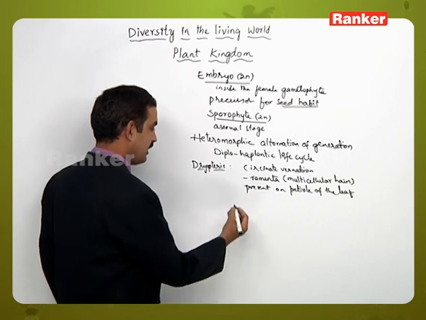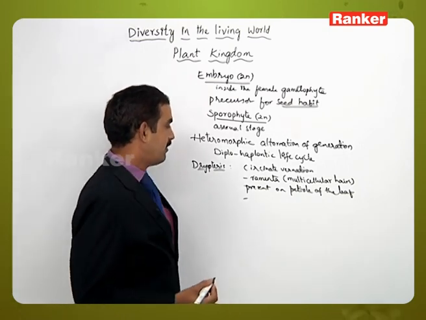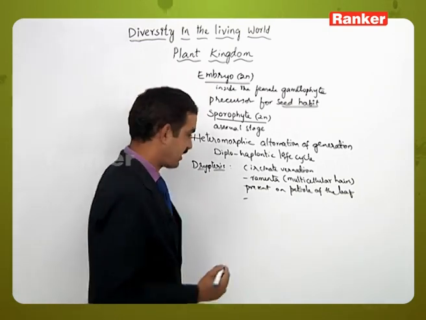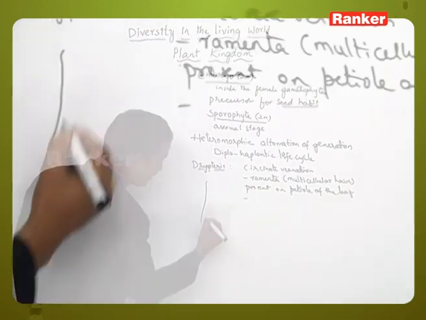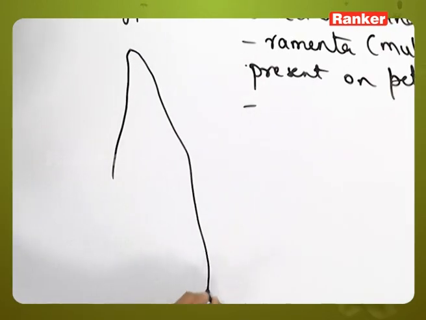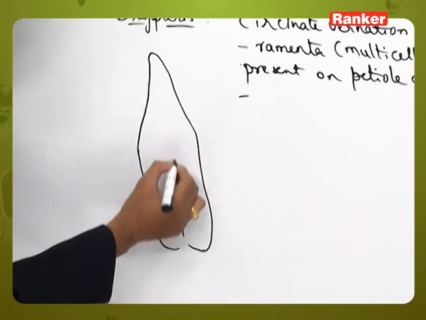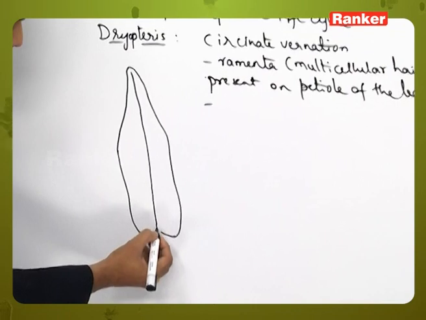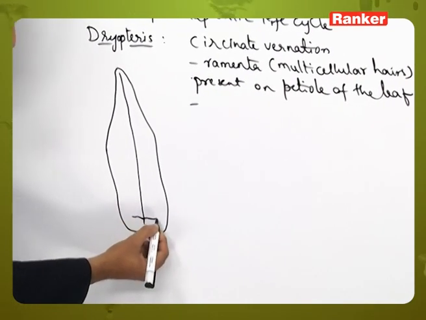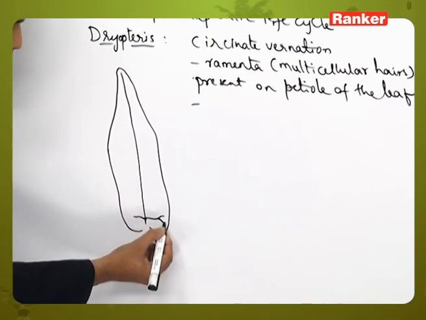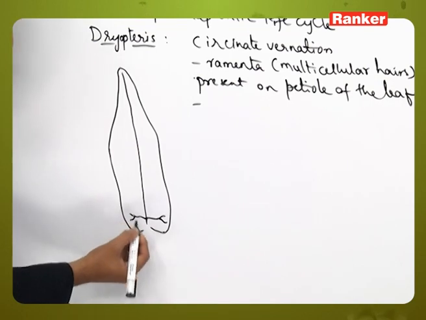Apart from this one, if you observe the venation in the leaflet, so here if this is a leaflet, in the leaflet we can see the midrib. This midrib is divided into lateral branches, and each of the lateral branches at its tip will divide into two equal branches.